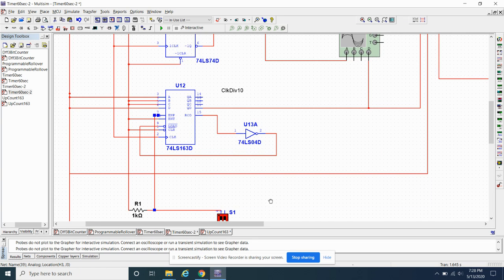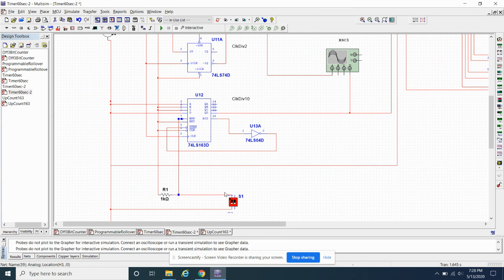So all I have to do is hook up my switch in our usual way, right? We have a switch and we have it going through a 1K resistor to VCC. So this line here is VCC. Then I'll go up to the VCC line, and then I tap off of it on the other side of the resistor, right? So this is how we normally do it, right? Sometimes I put it vertically, right? So it'll be sitting here, go up to VCC, tap off the line here. So that means that when the switch is down, it'll be a 1, I think, and if it's up, it's a 0, right?